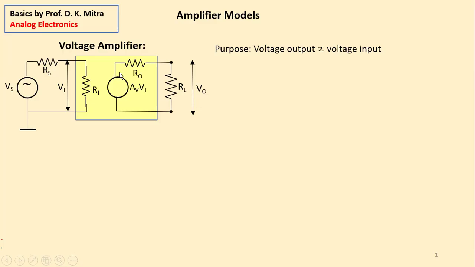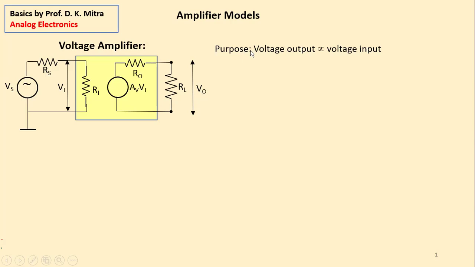And at the output, this is your load, RL. The load is normally another equipment, but we always represent it by a resistance RL. In fact, this is the input resistance of that load, right? And a voltage VO appears across the load.